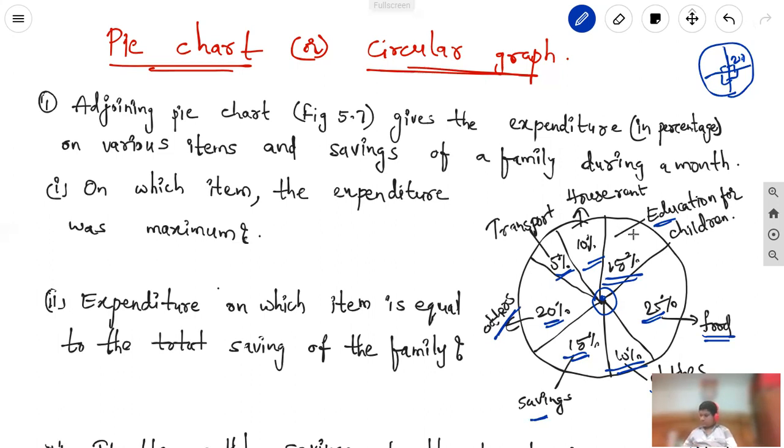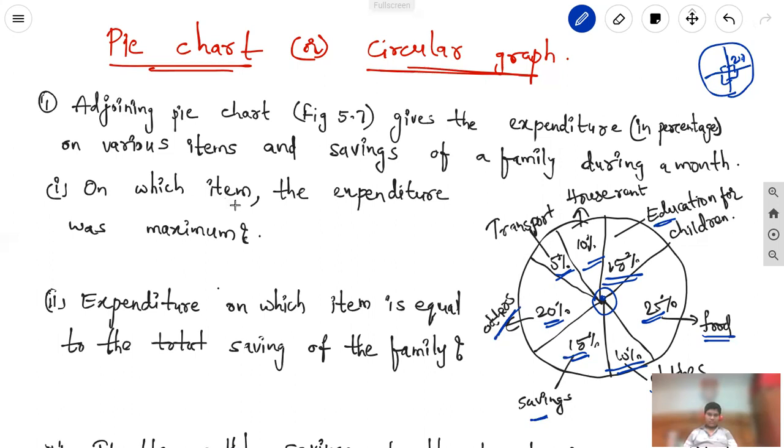Education for children and savings both have the same percentage. The highest percentage is for food, 25 percentage. Next, other items. Next, 10 percentage is the same for house rent and clothes. The 5 percentage is the transport, that is only one.